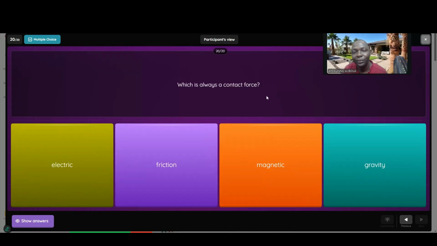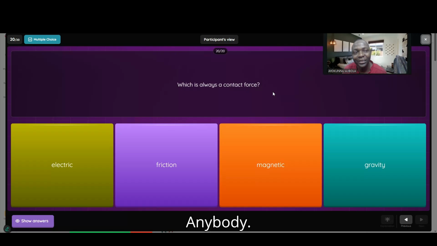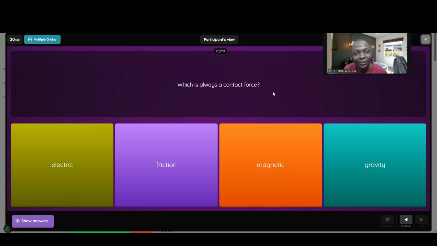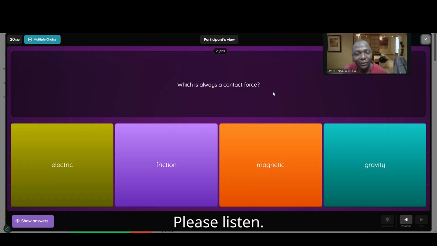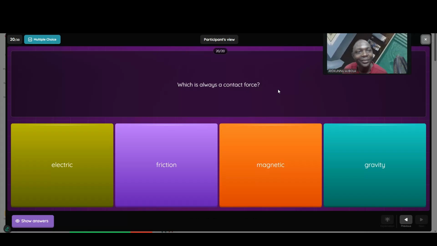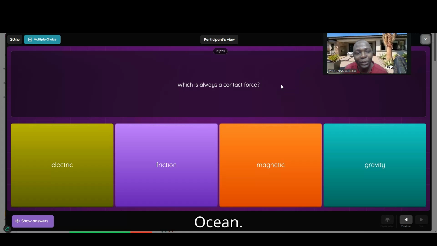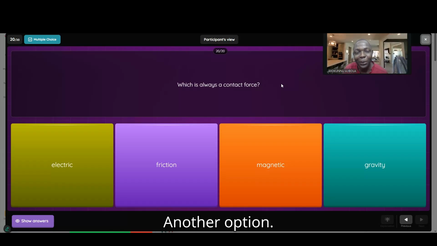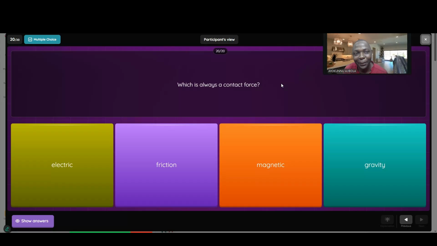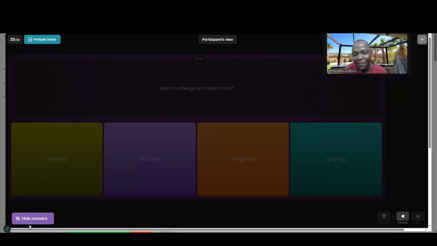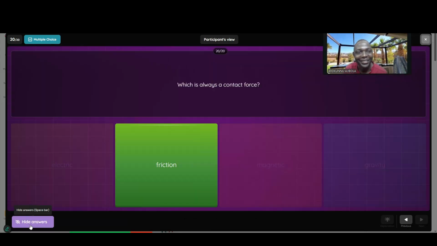Finally, anybody? Gravity. That's magnet. Another option. Magnetic.